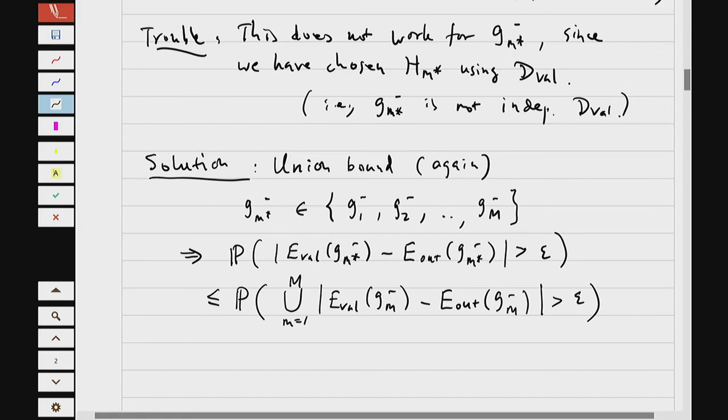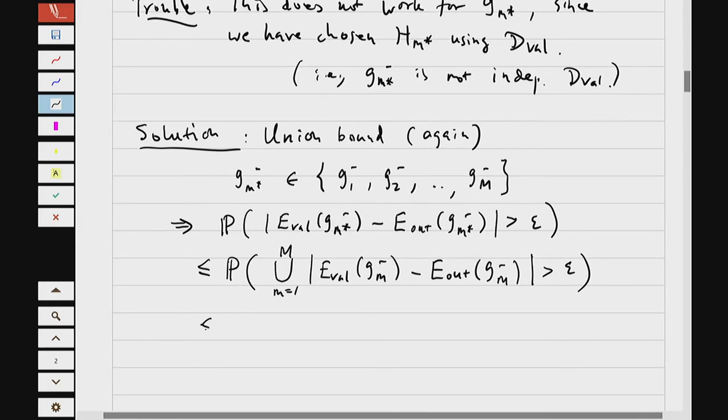Now, since we have the probability of a union, we can use the union bound. By the union bound, this is less than or equal to the sum of the probabilities.